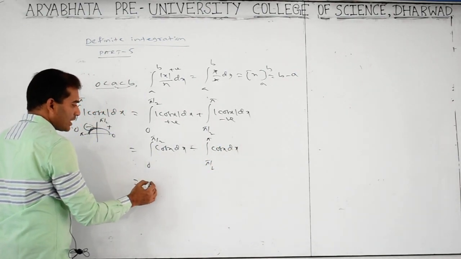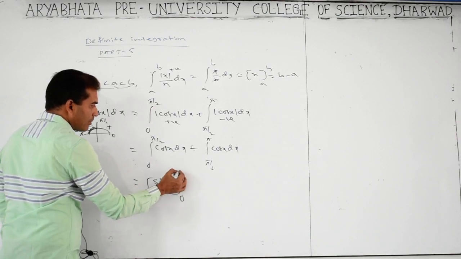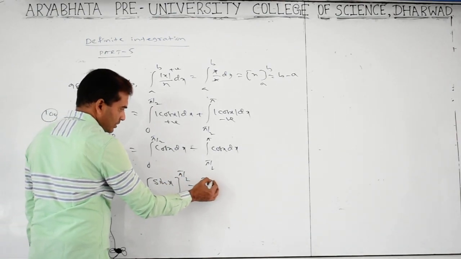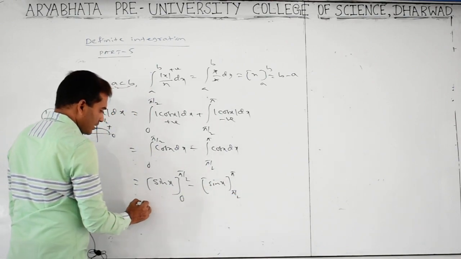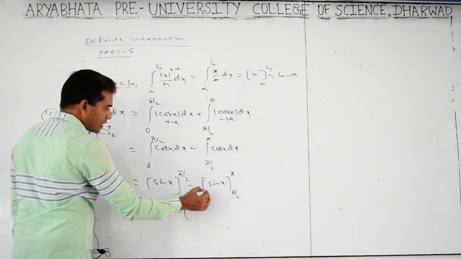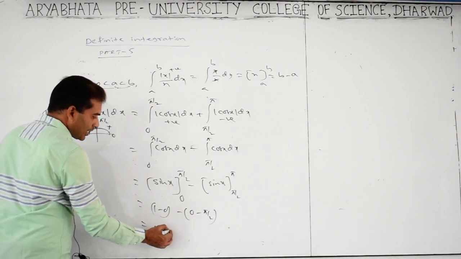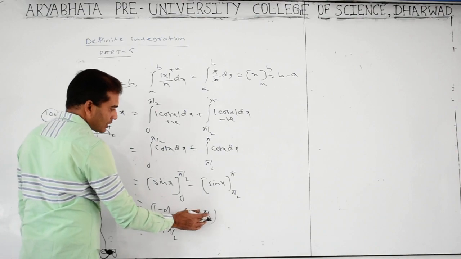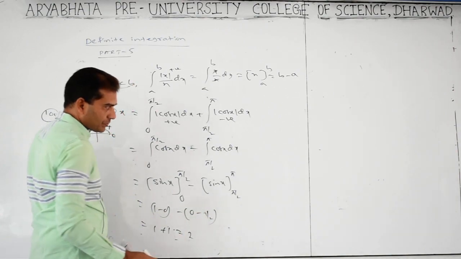Cos x integration is sin x: sin x with limits 0 to pi by 2, minus sin x with limits pi by 2 to pi. Sin pi by 2 is 1 minus 0, and sin pi is 0 minus sin pi by 2, which is 1. So 1 plus 1, the answer is 2.